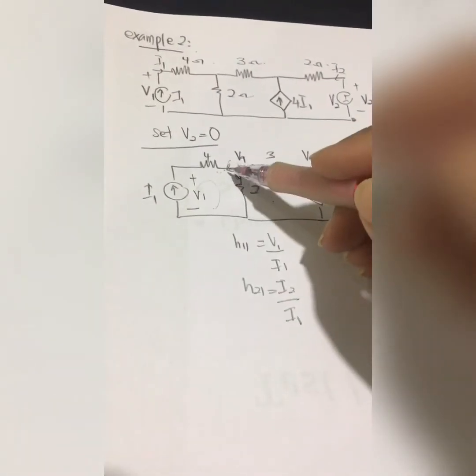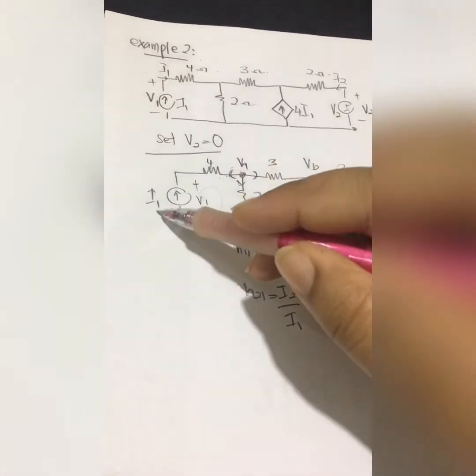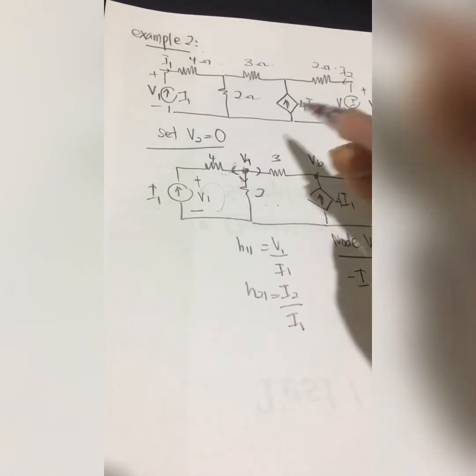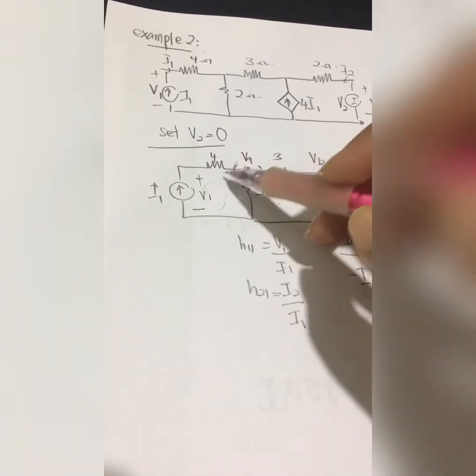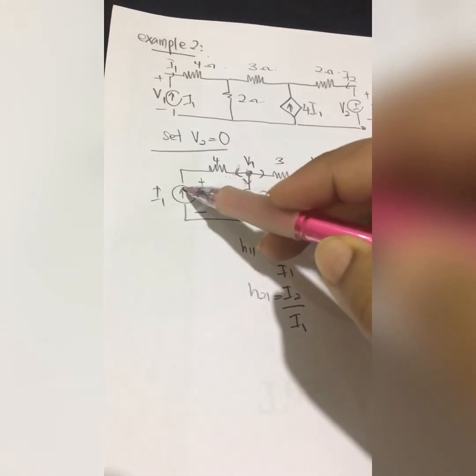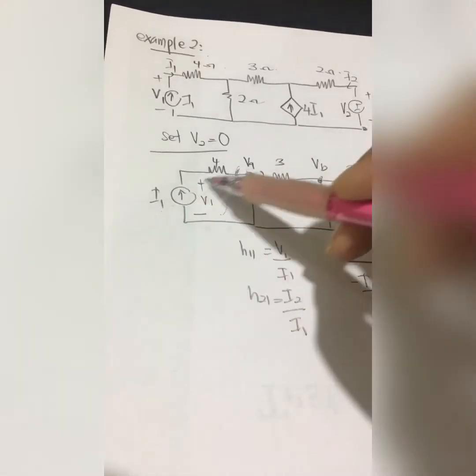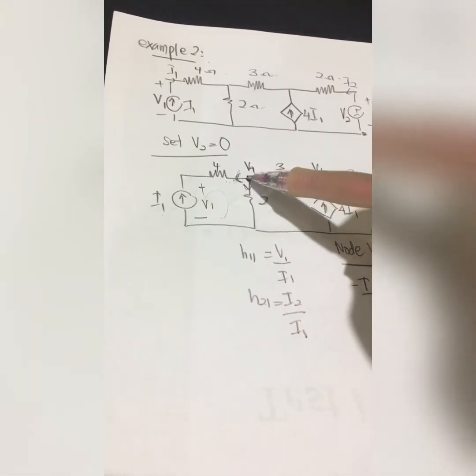For this case, this current will be negative of this, negative I1. We don't have to find what the current flow is here, since we already know the current source here should be equal to the current flow at this branch.